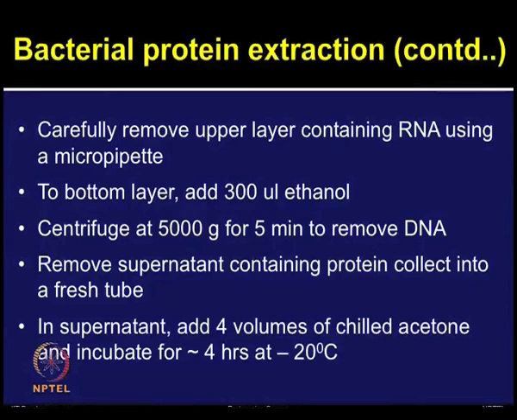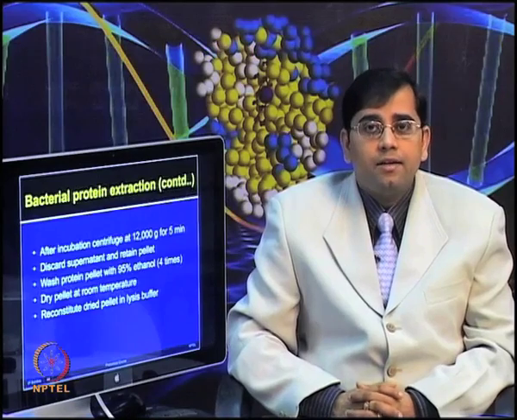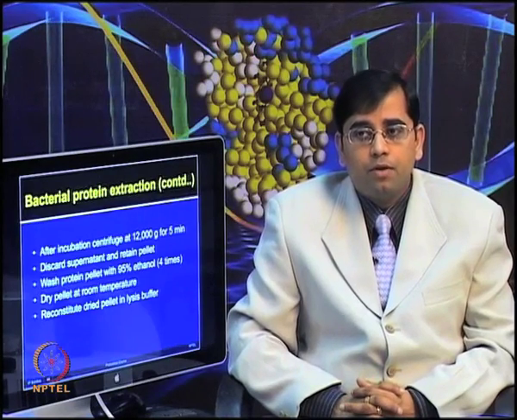Once you have removed the supernatant which contains the protein, you can collect that in a fresh tube, and to this supernatant you can add 4 volumes of chilled acetone. Incubate this mixture at -20 degrees for 4 to 6 hours. Once the incubation is done, start the centrifugation step for 5 minutes.